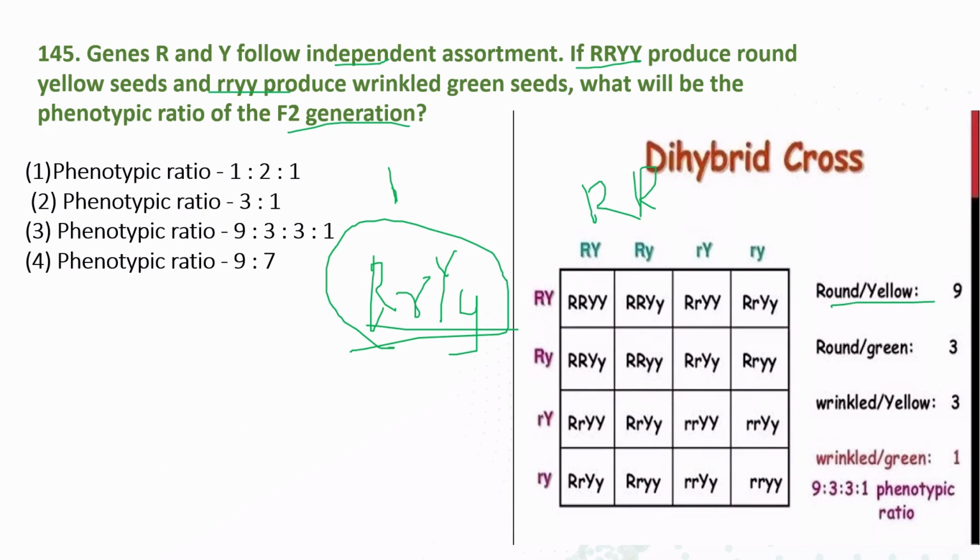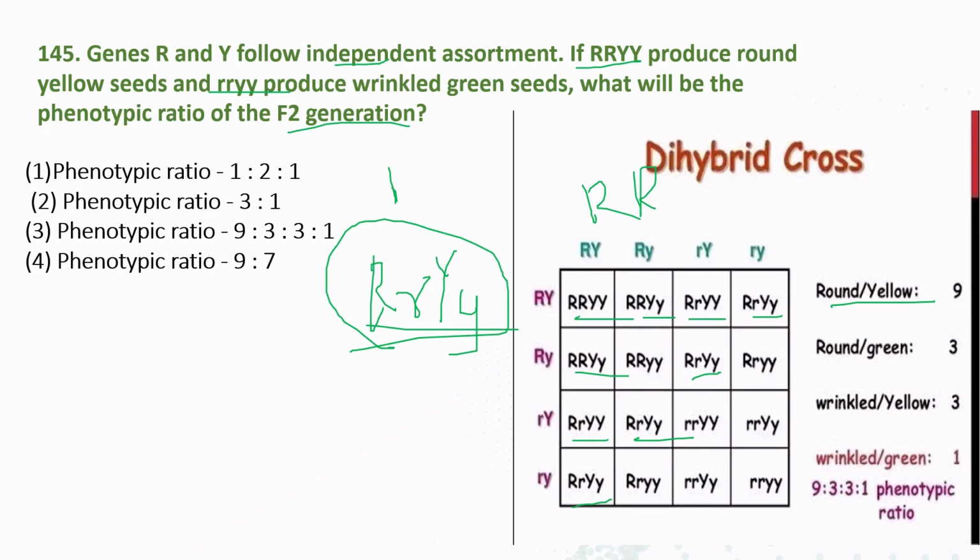Some of them will be round and yellow, like this one, this one, this one. 1 2 3 4 5 6 7 8 9. So these are all round yellow seeds.